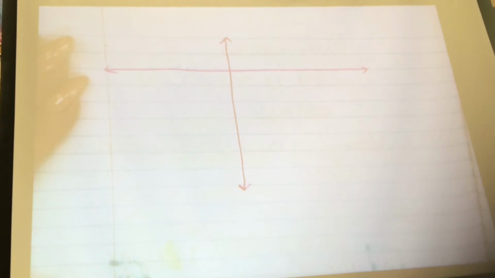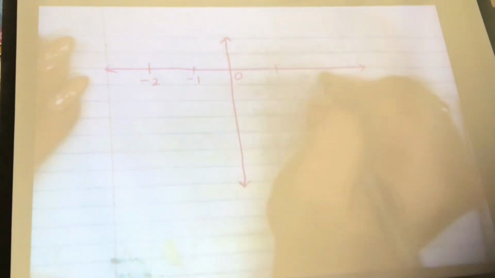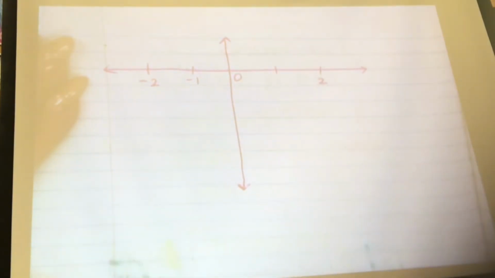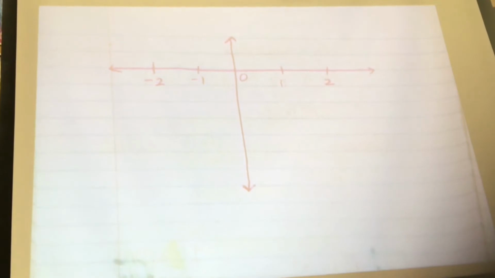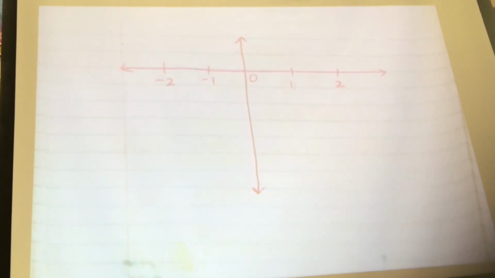Annette, what are the x values that I plugged in again? -2, -1, 0, 1, 2. Steven, what are my y values that I need? What's the lowest y value? -9.